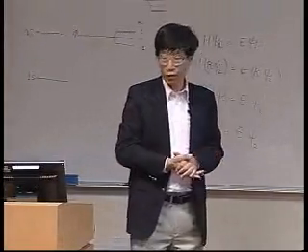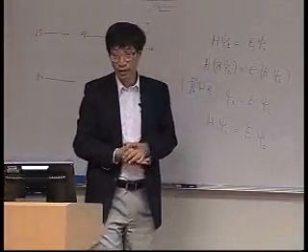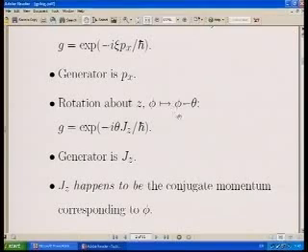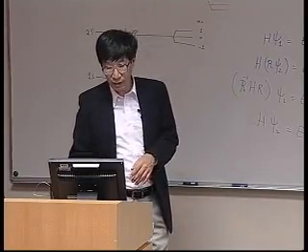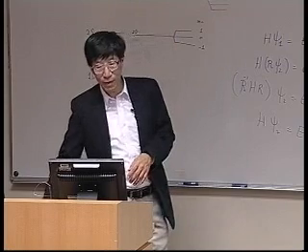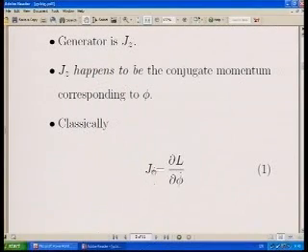The generator that you find happens to be the conjugate momentum that corresponds to this phi. Right? Now, is this an accident? So, in a sense, it's the conjugate momentum in the sense that, this should be Jz, sorry. All right? This Jz happens to be the partial derivative of L with respect to phi dot.